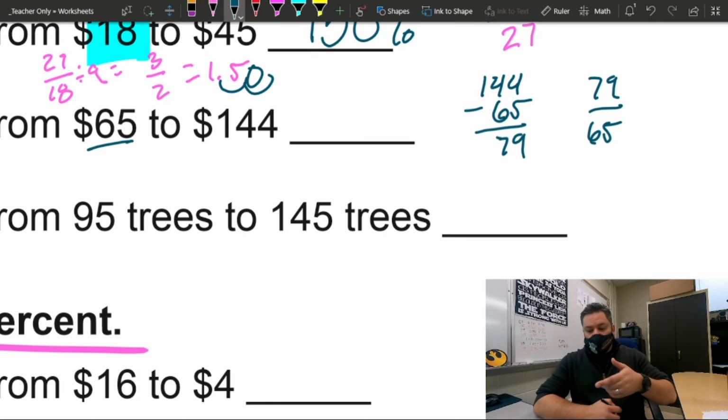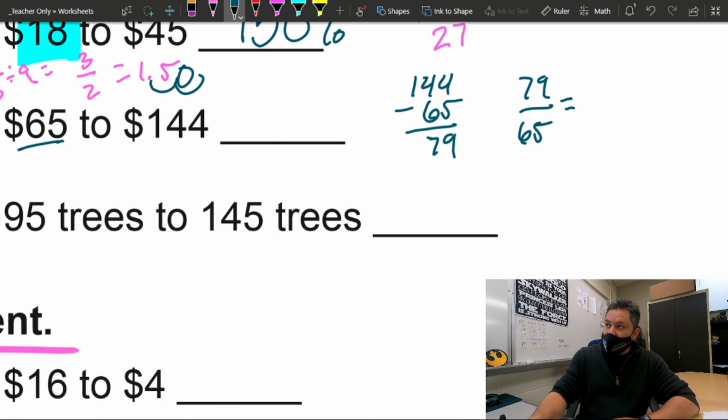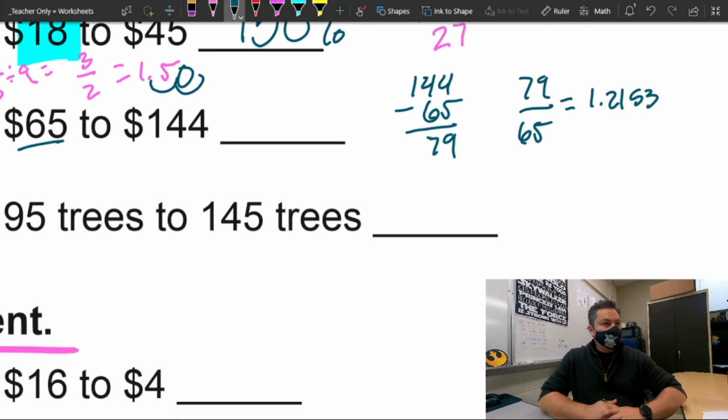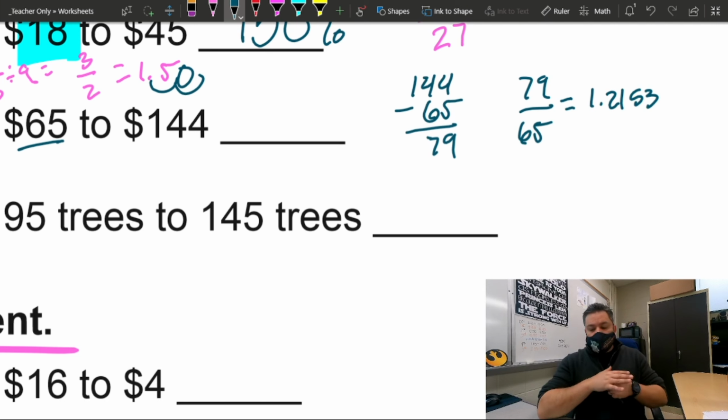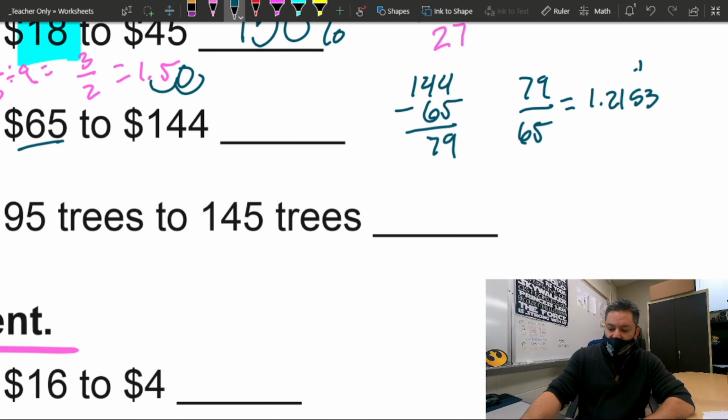When you do long division, I don't think you can simplify this, but you're going to get 1.2153. You keep going. Whenever you're doing long division, what I want you to do is stop at 3 decimal places, or the thousandths place. So I want you to stop right here. This is all I need.